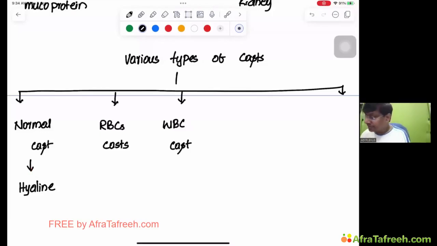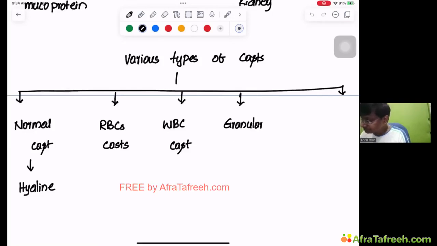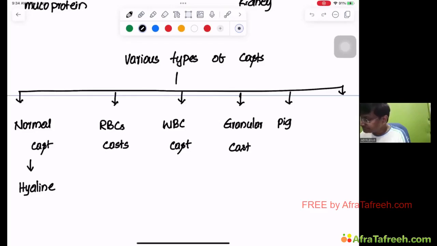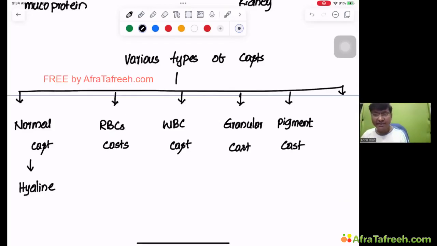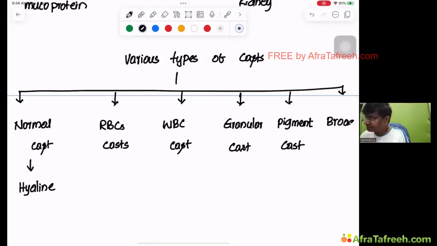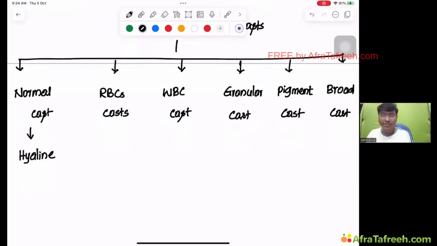There can be granular cast. Right. There can be also pigmented cast. Okay. And the next important is the waxy cast. So these are the various accumulations along with the proteins.